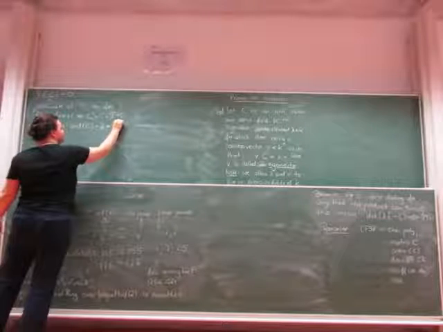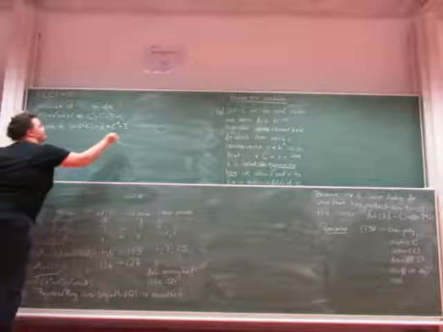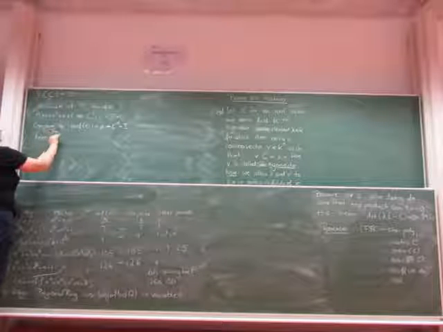Now we also know something about the order. If the order of C is some integer d, that means that C to the d is equal to I. So for instance here, in that case, we had that C cubed is equal to I, or if you move the I to the other side, C cubed plus the identity matrix is 0.